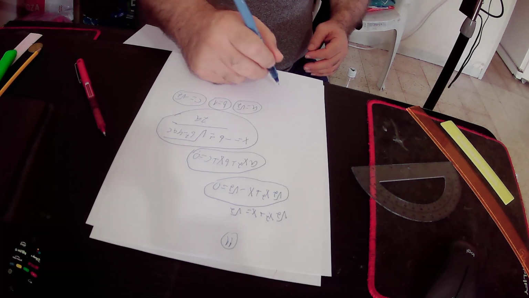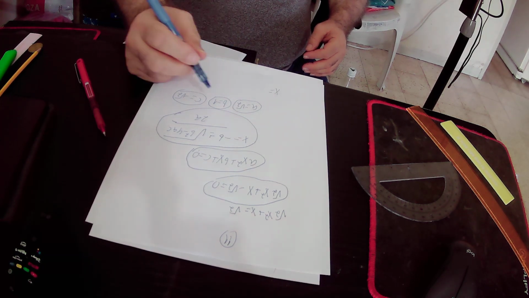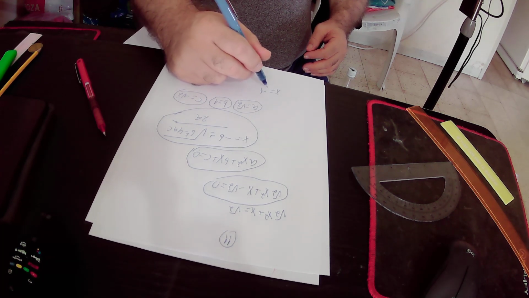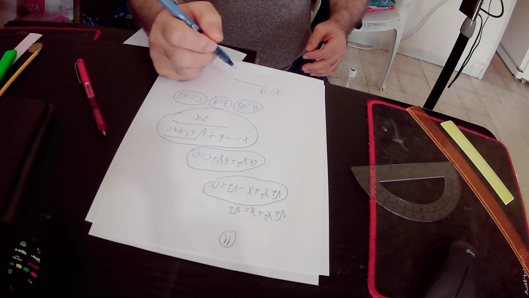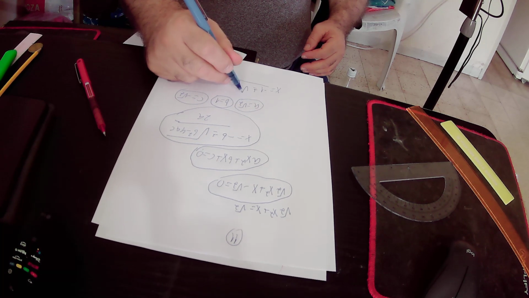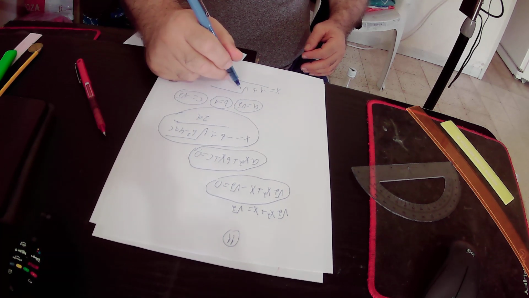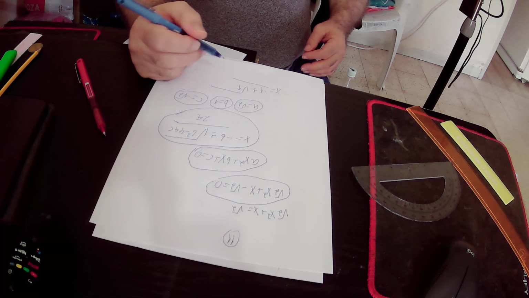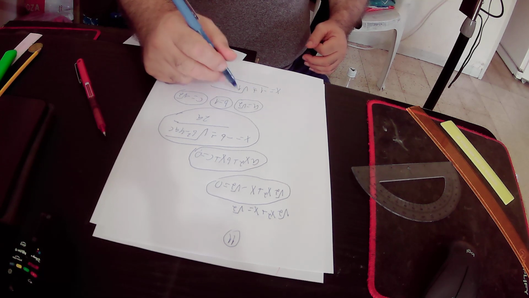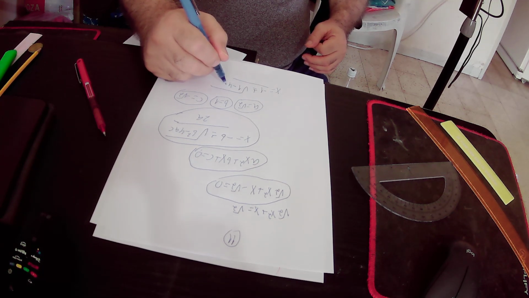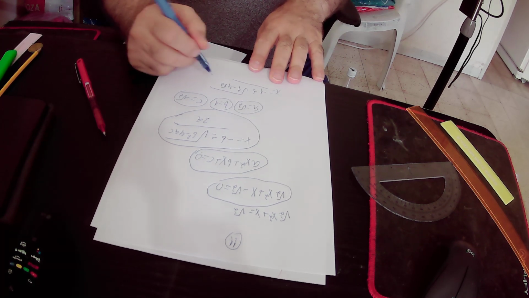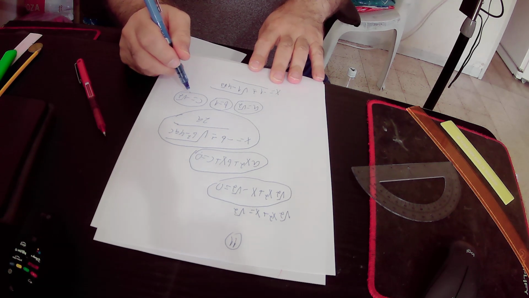So we will get that x equals minus b. b is 1, so minus b is minus 1, plus minus the root of b squared. b is 1, so b squared is also 1, minus 4 times a, which is 4 times root 2, times c, that is minus root 2.